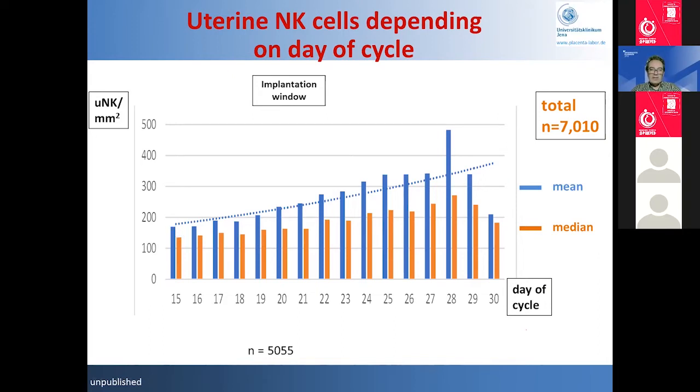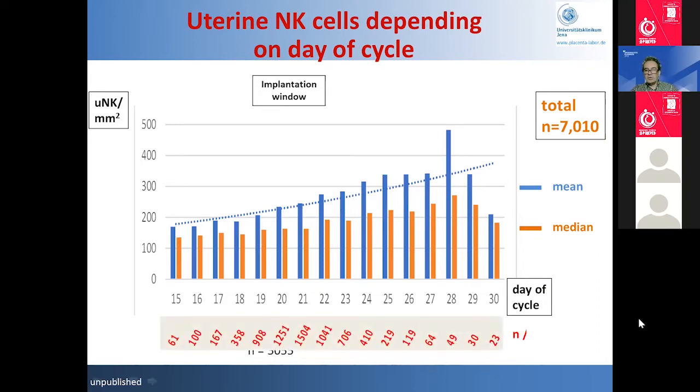And this is based on a huge number of samples. So you see here under the curve the numbers that we have analyzed per day of the cycle. So for example, at day 21, we had 1,504 samples. So these results are extremely robust.